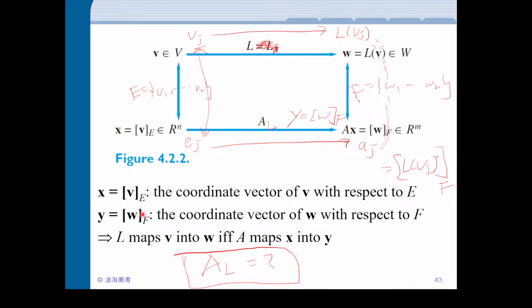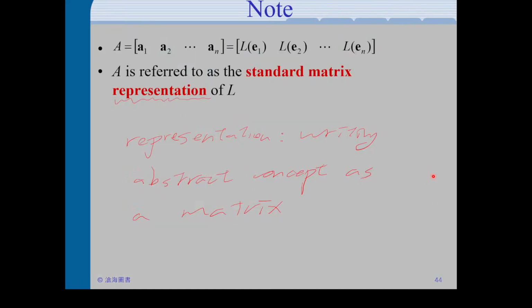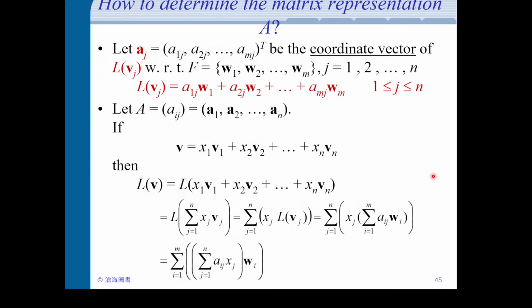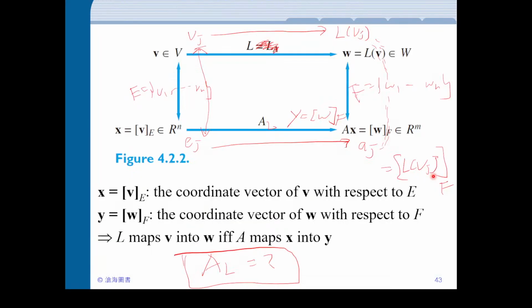And similarly, this is the coordinates of W with respect to F, which is basically mapping from W to R^m. With this notation, we see that A_j is L of V_j with respect to F.